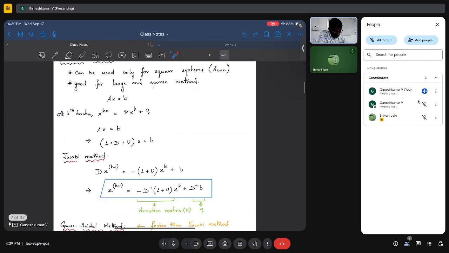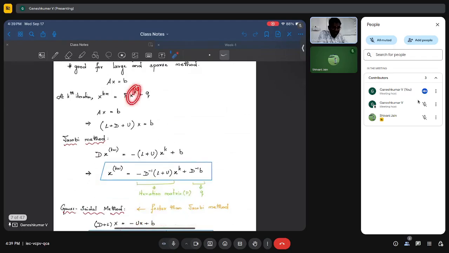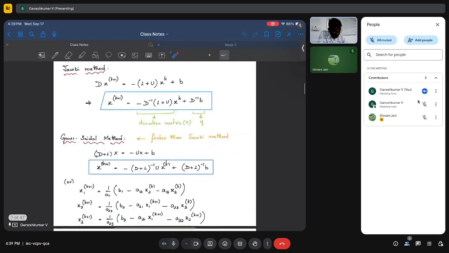Basically we start with some xk, and we find the new xk from an iterative function. For example, let's begin with the Jacobi method.